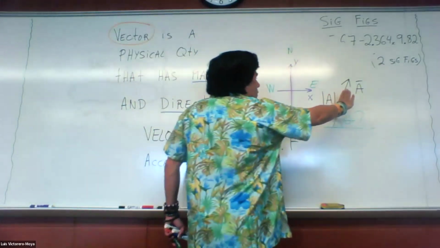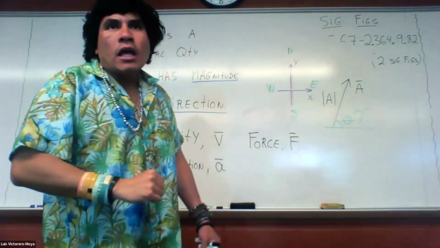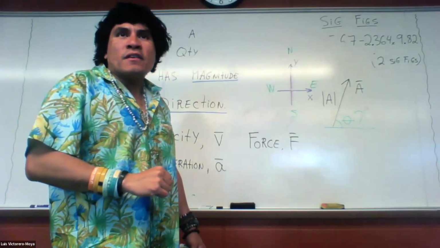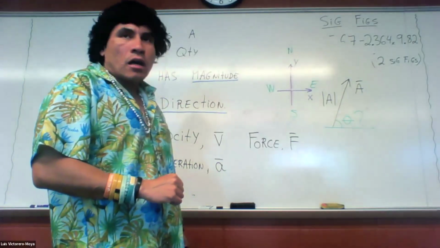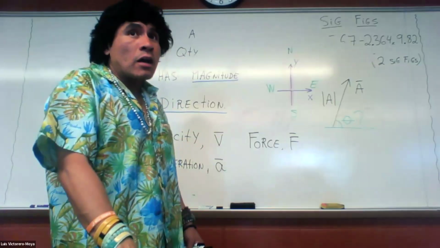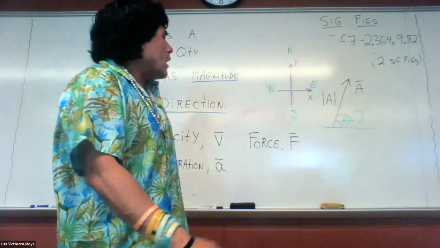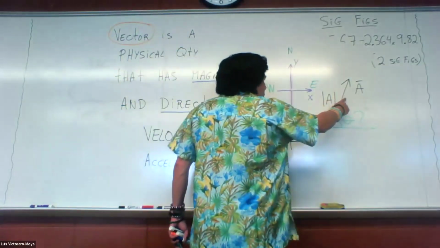I can place this vector here. So I can use the X and Y coordinate system to find the components and find the angle, the reference angle, which is the direction of the vector. Okay? Now, that's just one vector.